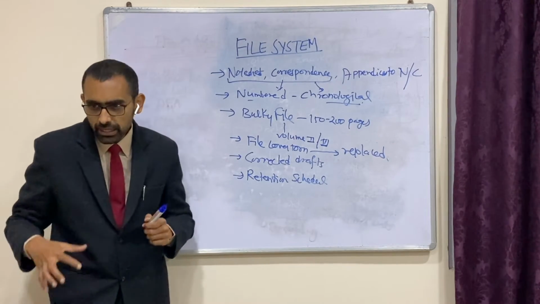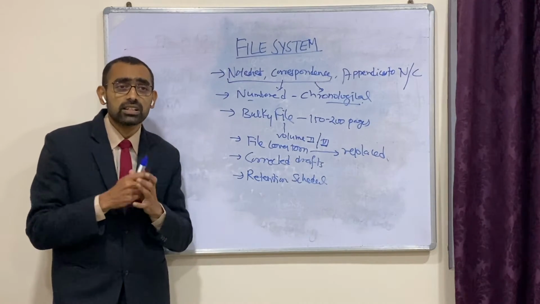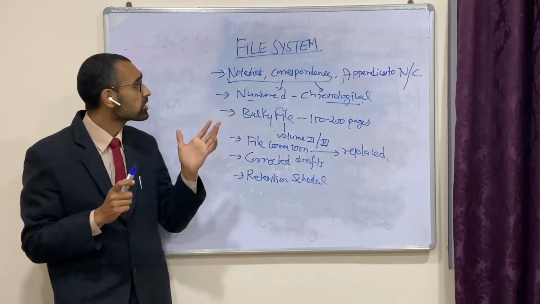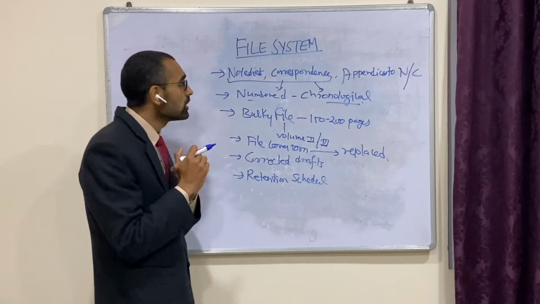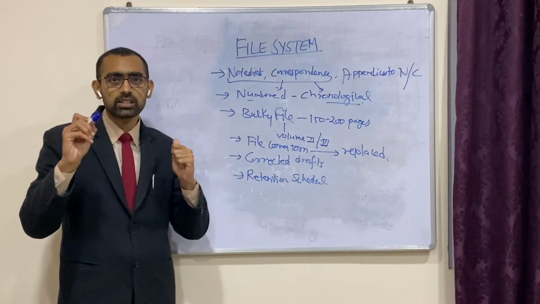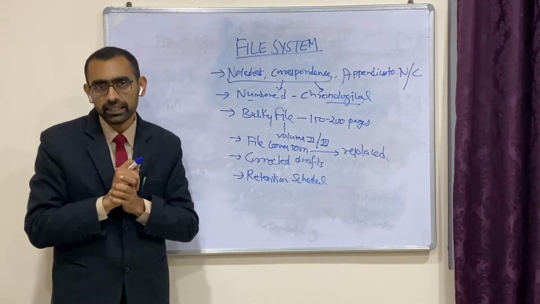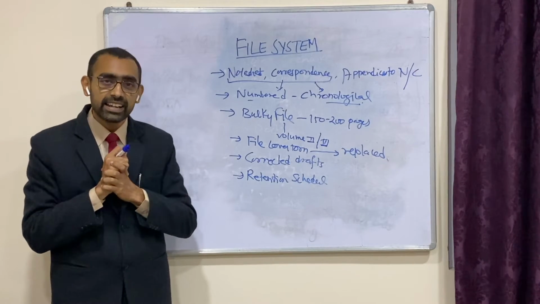Now how do we give page numbers in these notes and correspondence? The standard way is that on every page, either notes or correspondence, the numbering should be done on the top right side, preferably in red ink.